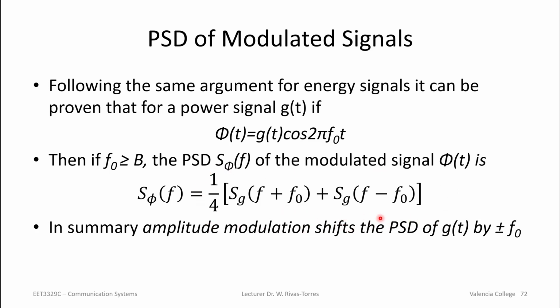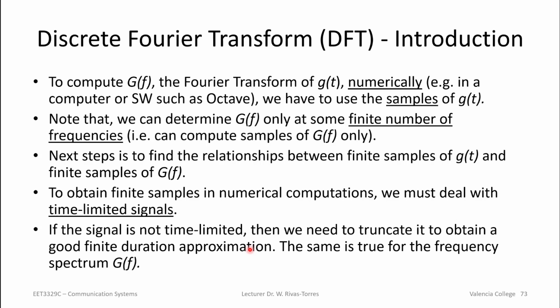Again, remember it's going to create two power spectral density representations that are shifted plus or minus f0. It's the shifting of the power spectral density of our original signal to those two locations.